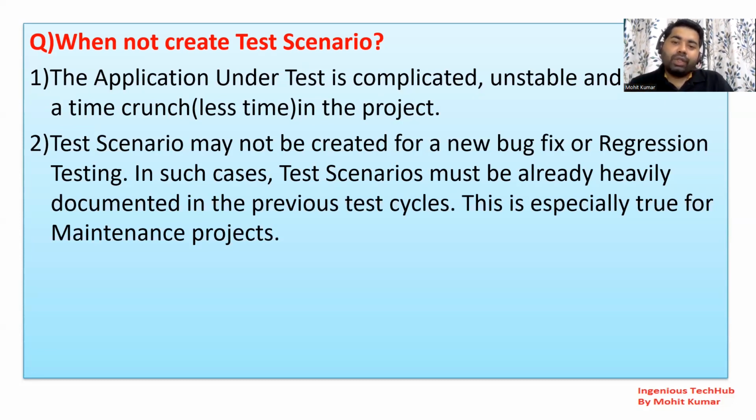When we start the testing, we have a document, right? FRS, you can say functional requirement document or project requirement document. So you should have a document. That time it is our responsibility to find the test scenario, and it should have 100% test coverage.